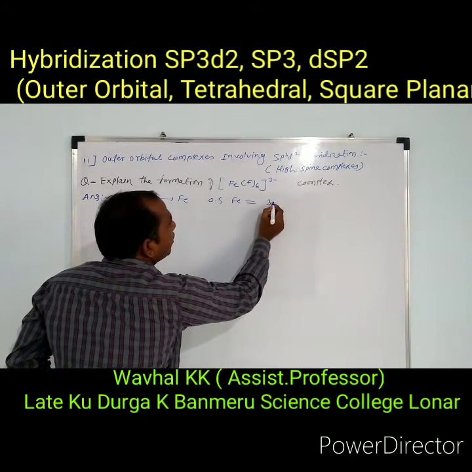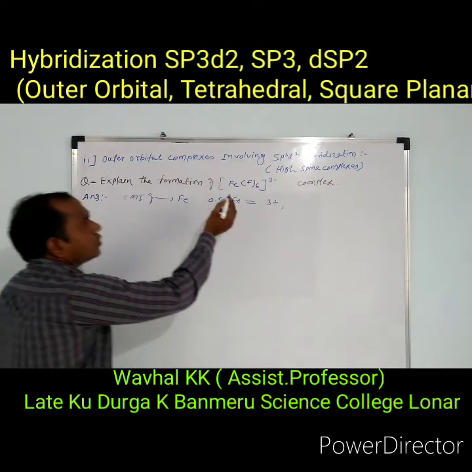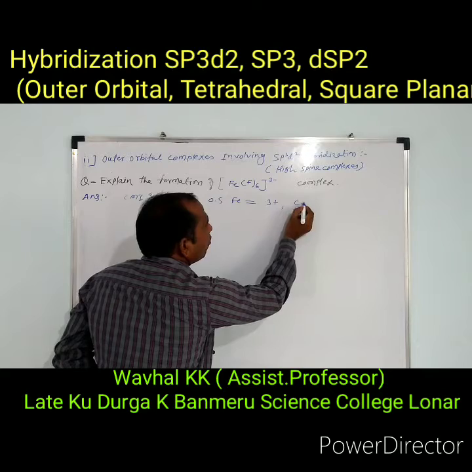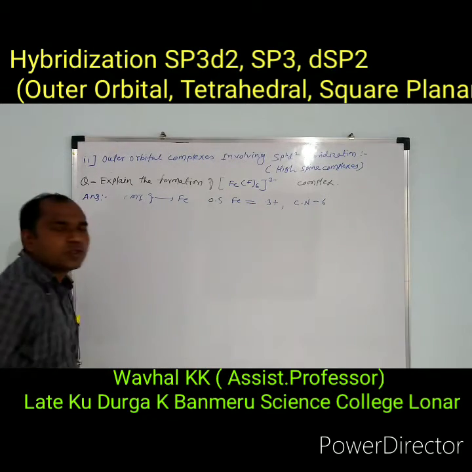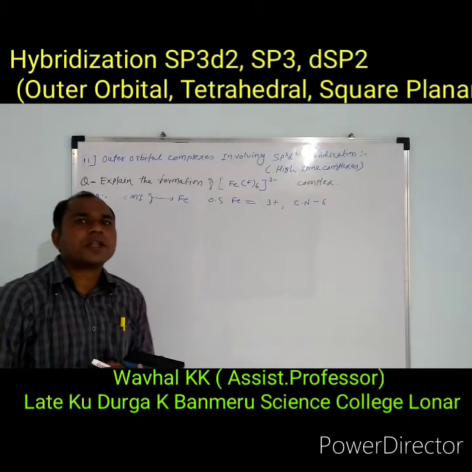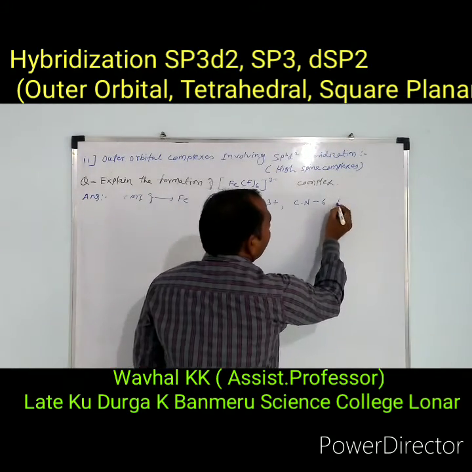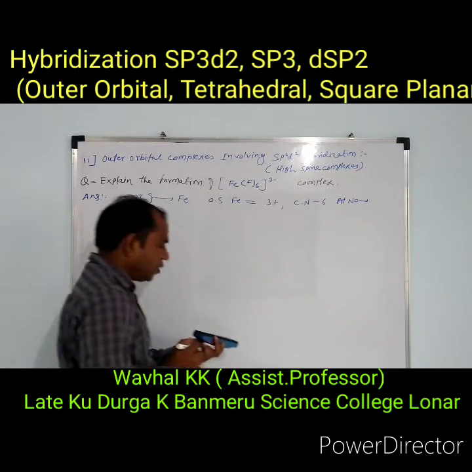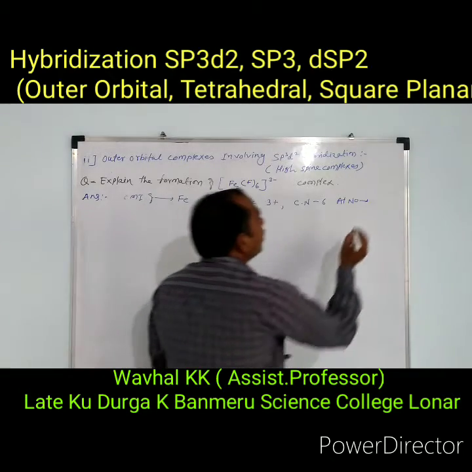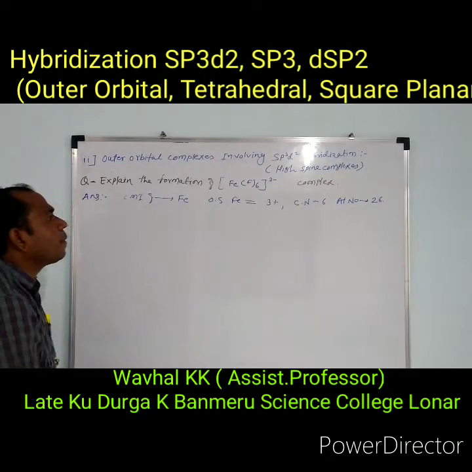Then write the coordination number of this complex is 6, because 6 fluorine atoms are attached to the central atom. Then the atomic number of Fe is 26.